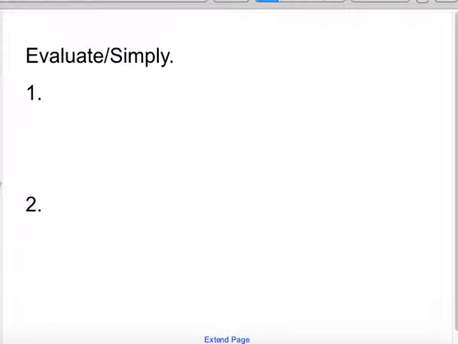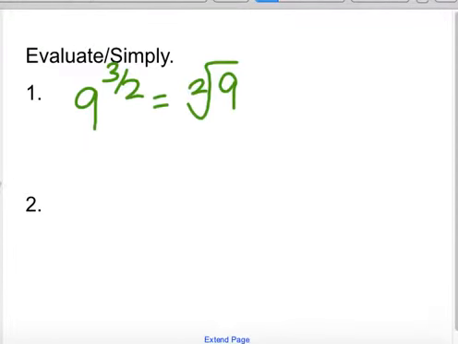So if you had a problem like 9 to the 2/3, or excuse me, I need to write this as 3/2. 9 to the 3 halves. If you were asked to evaluate this, we're going to write it in radical form first. So we're going to write this as the second root of 9 to the 3rd power.